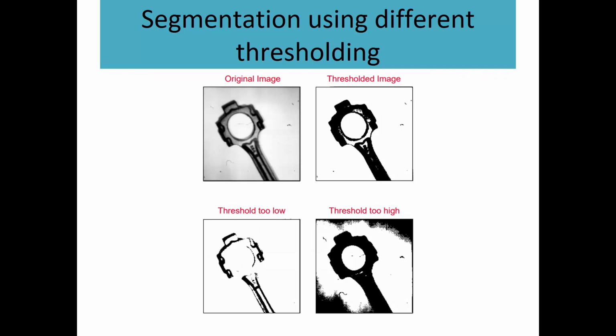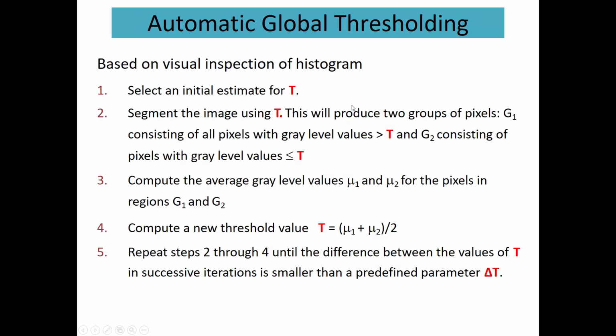If we select a too low threshold value, we can see in this figure there is a loss of information. And if we select too high, then even though we do not get an appropriately segmented output. So selection of appropriate threshold values plays an important role for image segmentation.